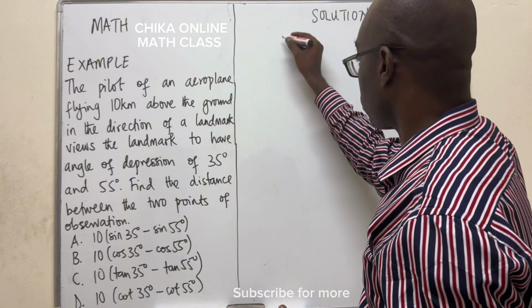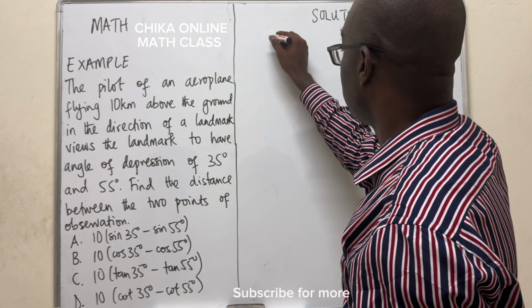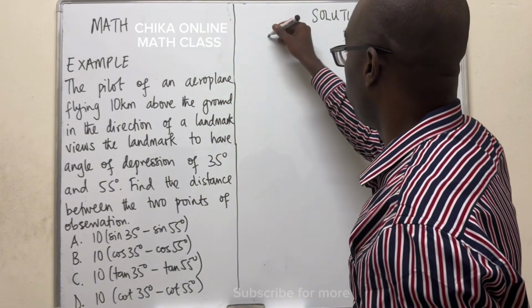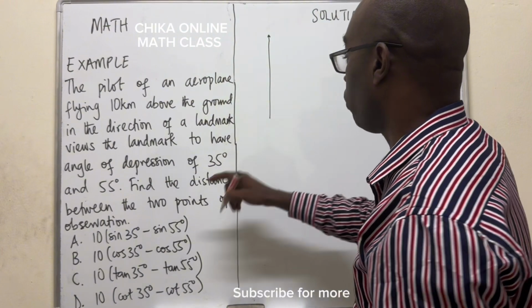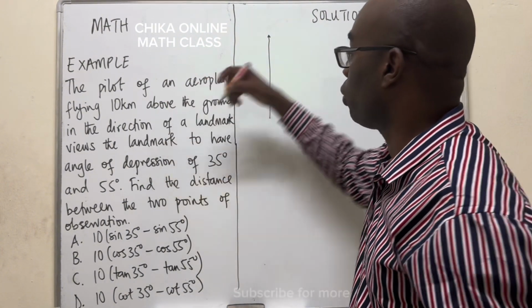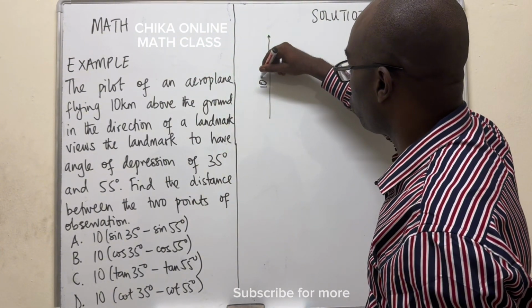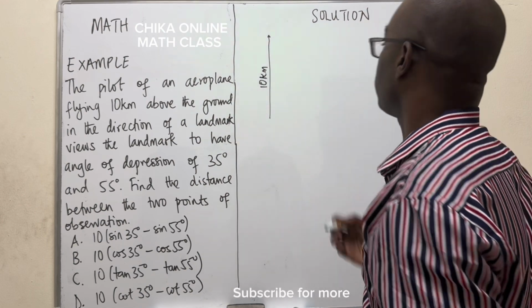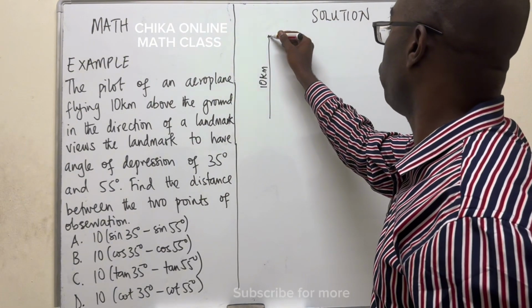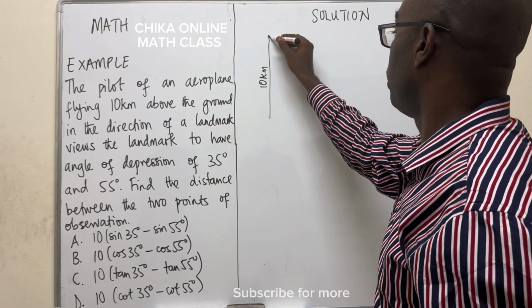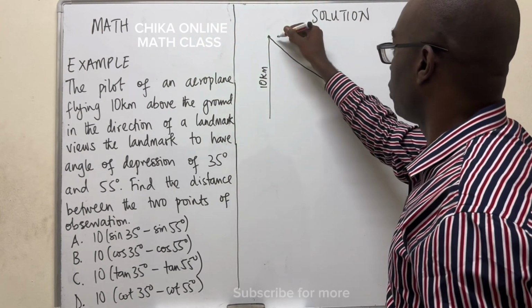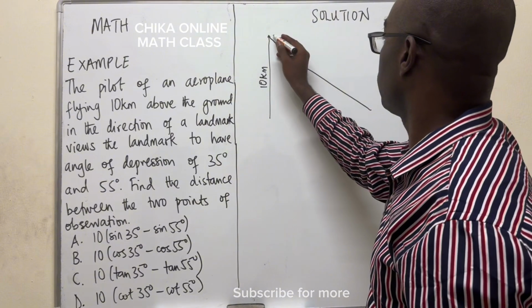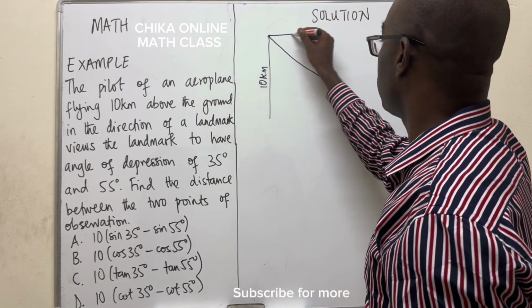Now, we can imagine this point to be the aeroplane the first time, and the question says it's 10 kilometers above the ground. So 10 kilometers. Now, it viewed it the first time, that's 35 degrees.